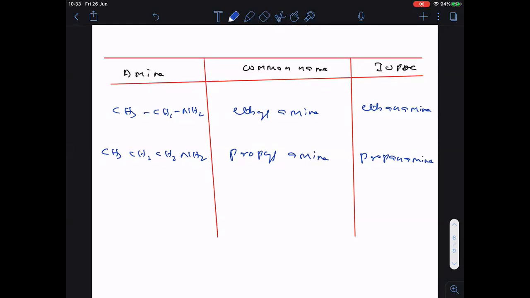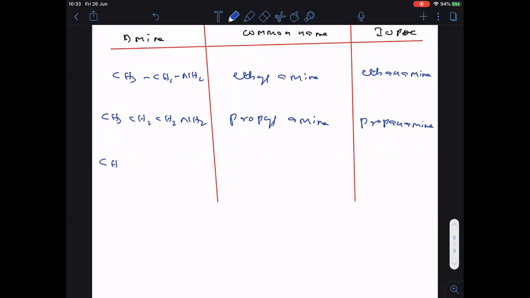Now, if I take a compound in this way, CH3CH(NH2)CH3, according to the common system, it is called isopropylamine. Now, according to the IUPAC system, we have to number the principal carbon chain.